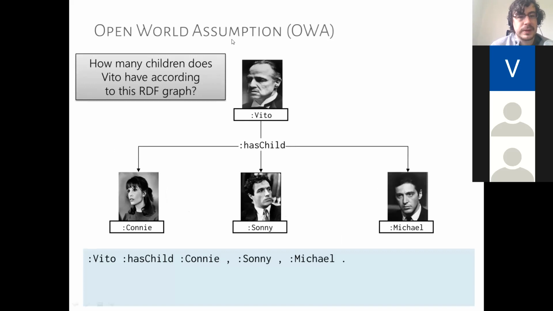It essentially helps us to answer questions like this. We have an RDF graph here that has three triples. Vito has child Connie, Vito has child Sunny, Vito has child Michael. So here we see three triples. How many children does Vito have according to this RDF graph?